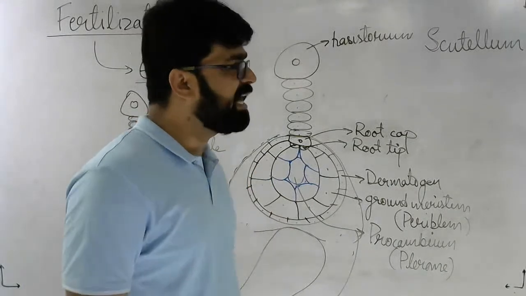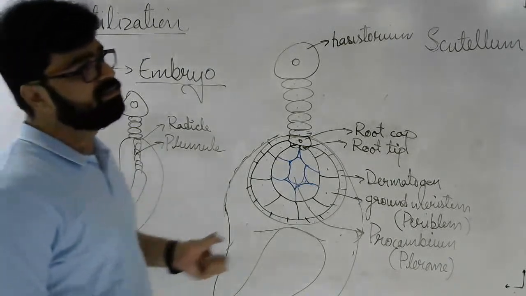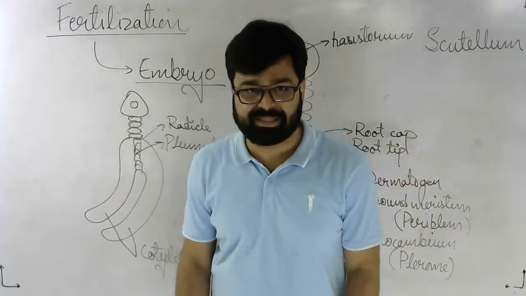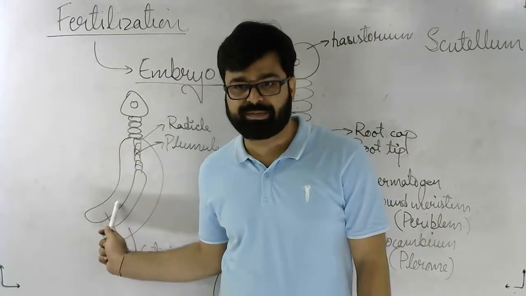That is the main difference, and that is how the development of the embryo takes place. After that, the cotyledons will grow further and form the seed leaves within which the embryo is enclosed.